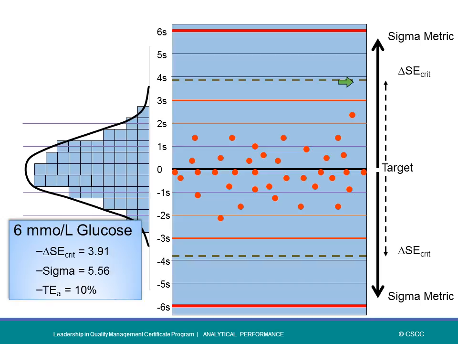For example, once we cross this limit, greater than 5% of our observations will be beyond the total allowable error, and we certainly don't want to go there. So it remains as a limit for systematic error within a method.